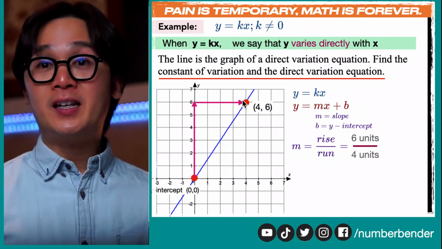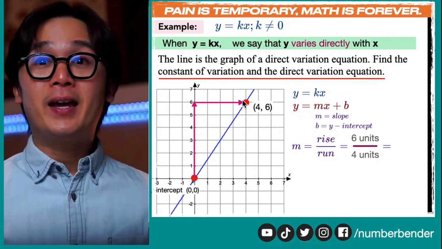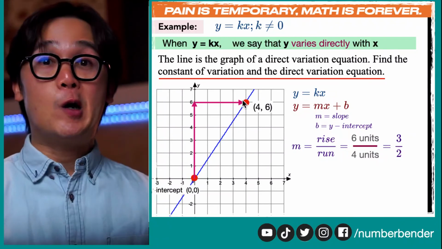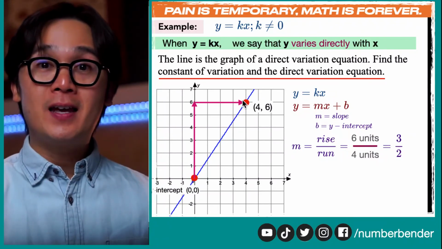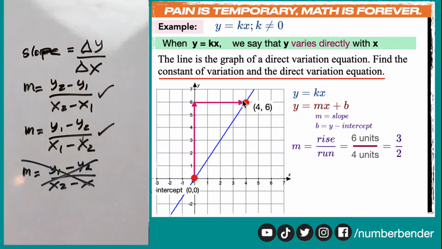And now we have 6 over 4, and we know that 6 over 4 can still be simplified into 3 over 2, and that will be our slope, also known as the constant of variation in our formula. So remember that in a linear equation, m is the slope, and it can also be the constant of variation in the relationship that we are working on in this particular graph.